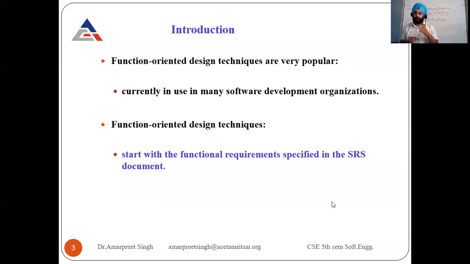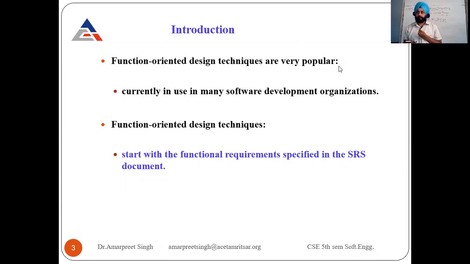Function oriented design starts with the functional requirements specified in the SRS document. Whatever functional requirements we specify in the SRS document, in the designing phase, we implement all those requirements. Whatever the need is from the project, that is implemented in the design phase.